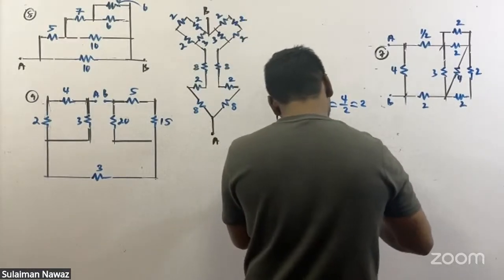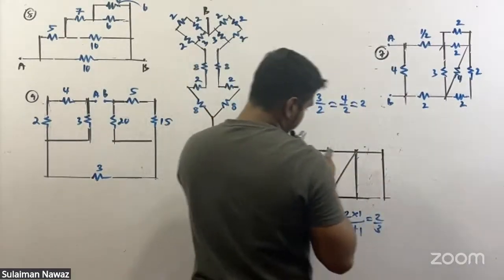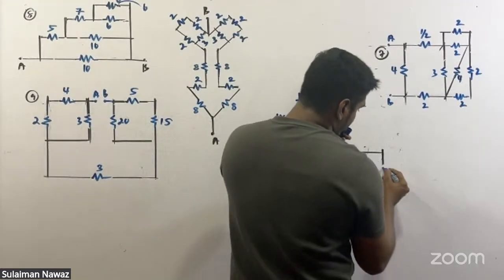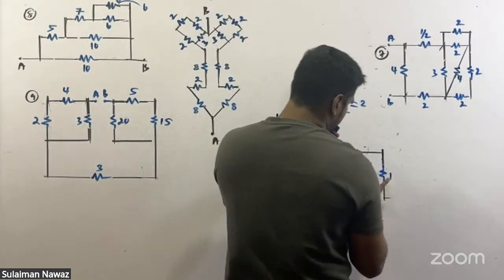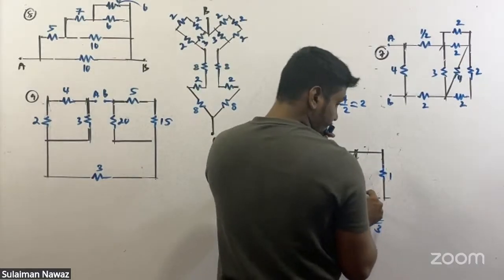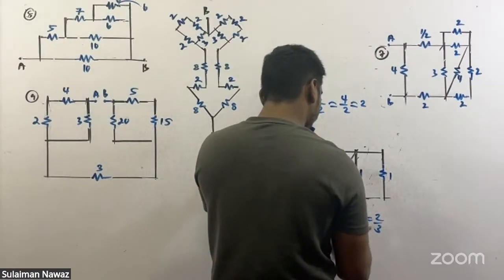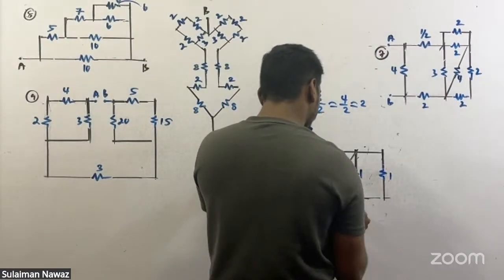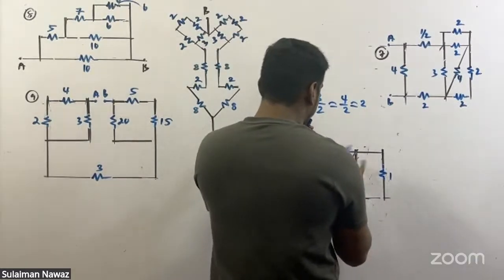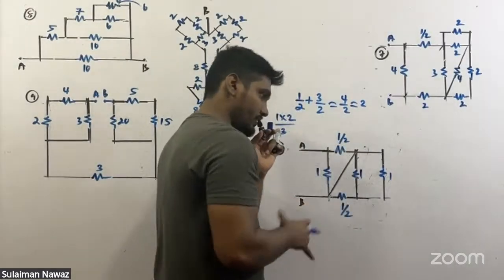Not difficult. Same story. One, it's very interesting. Also 1. And here is half. And here, it's again half. That's it.